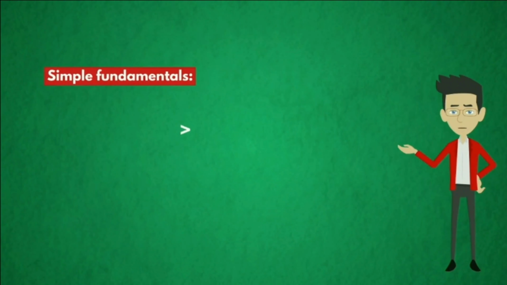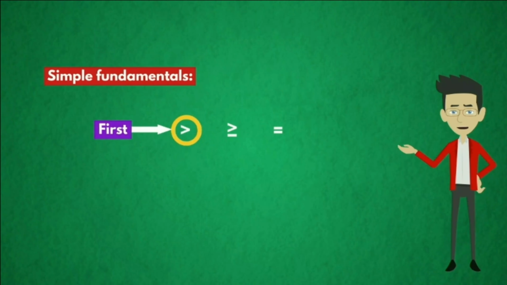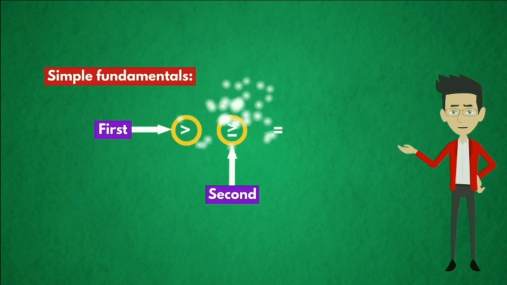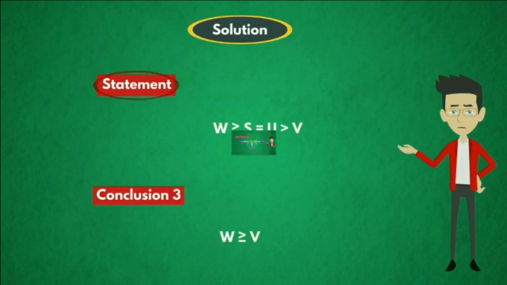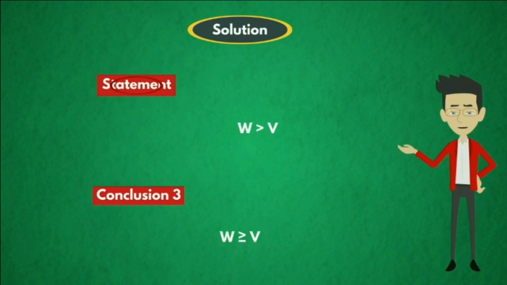We know that if there is a combination of greater than or equal to symbols, we give first priority to the greater than symbol, second priority to the greater than or equal to symbol, and third priority to the equal to symbol. So here W greater than or equal to S equal to U greater than V. We can say that W greater than V. But in the conclusion, it is W greater than or equal to V. So conclusion 3 is false.